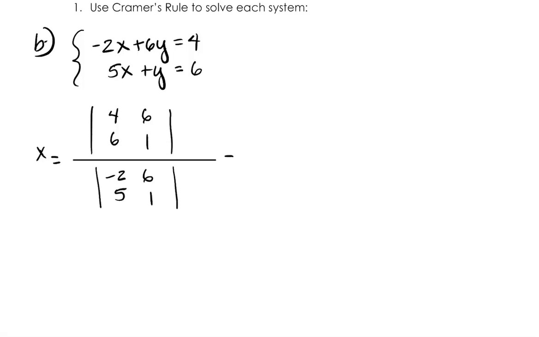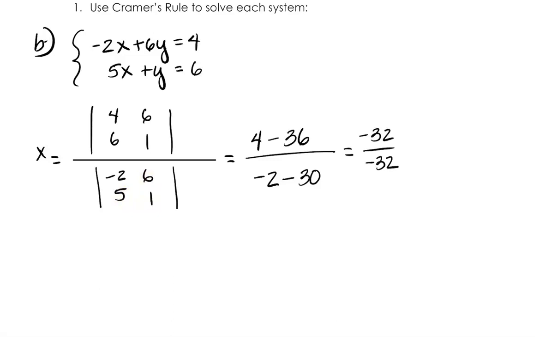Now we can solve the determinants. We'll have 4 times 1 minus 6 times 6 over -2 times 1 minus 5 times 6. And we get that x equals 1.